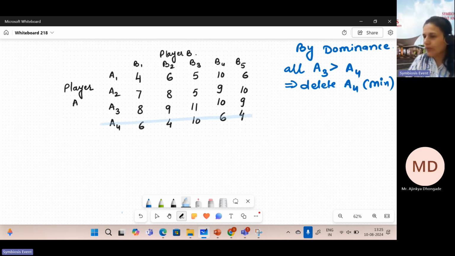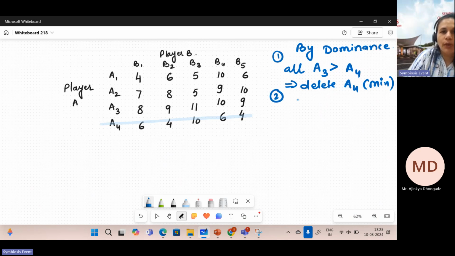Again, you compare. Now, if I compare with respect to A1: 7, 4, 8, 6, 5, 5, 9, 10, 10, 9, not feasible. 8, 4, 9, 6, 11, 5, 10, 10, 9, 6. Yes. So I got this. This is my first step, row wise.